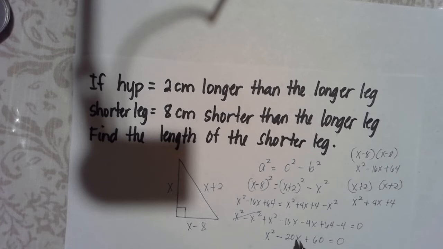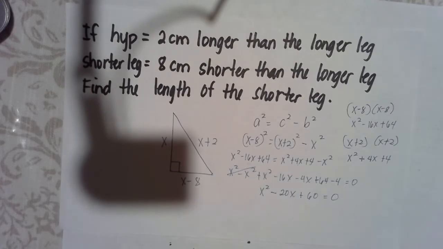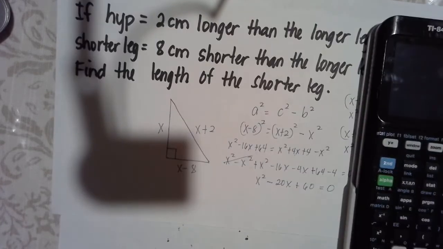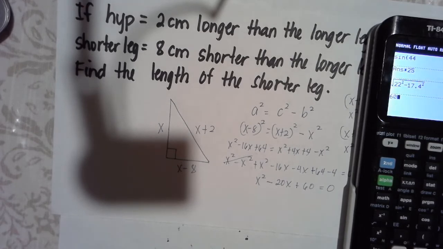Now we need to think of factors of 60 that will make a sum of 20, and I don't know that. Let's see, 60 divided by 15 is 4, and 15 plus 4 is 19, so I can't. 60 divided by 20 is 3, which does not give 20 as the sum. 60 divided by 30 is 2, and 30 plus 2 is not 20.